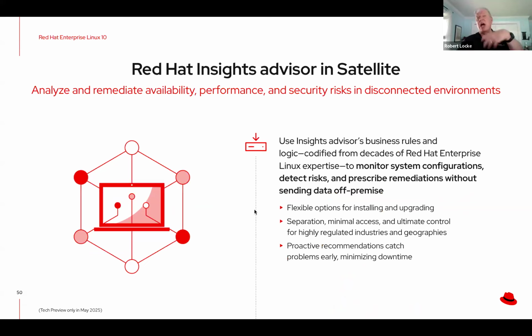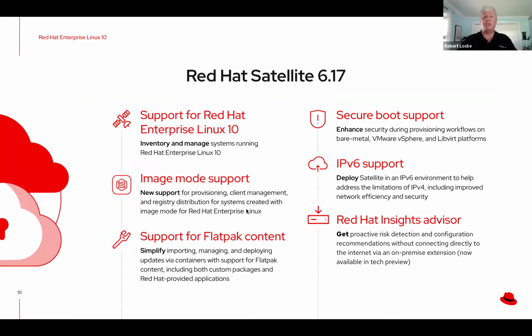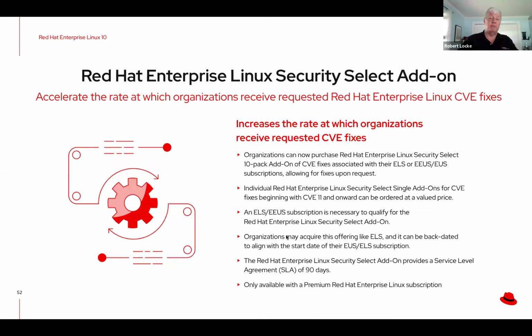So, some slides that go into some of the details for each of these additional elements. One of the keys, for example, for Satellite 6.17 is the support for RHEL 10, support for image mode, support for Flatpaks. Frankly, Flatpaks is the containerization of desktop applications, as opposed to what we've been doing in terms of application containers.